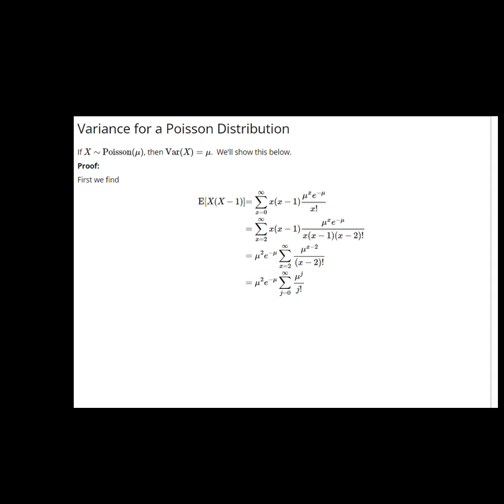That summation now can be rewritten by a change of variables as the sum j goes from 0 to infinity, mu to the j over j factorial, and you will recognize that as the expansion of e to the power mu. It's the Taylor series expansion that we used in developing the Poisson distribution. We're left with mu squared e to the minus mu times e to the mu, or simply mu squared.